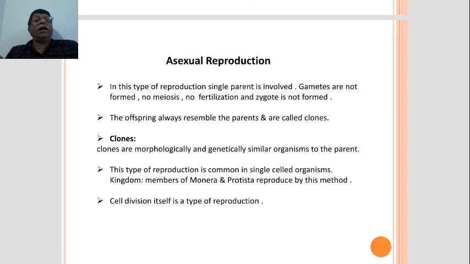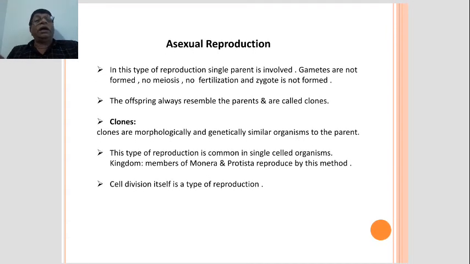Okay, now we shall study asexual reproduction in lower organisms. That's very important. How the lower organisms reproduce. Lower organisms means from the point of evolution, they are primitive organisms.